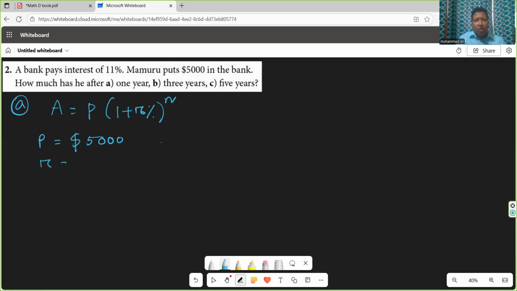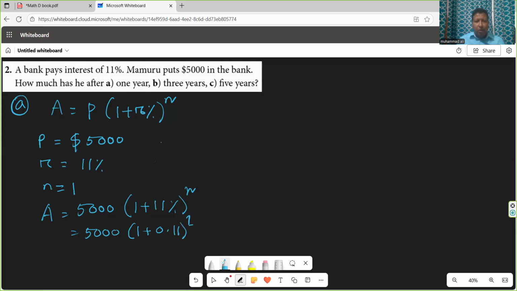Rate of interest per year is 11%. And for A, N equals 1 year. So we'll get amount equals 5,000 (1 + 11%) to the power N. So it will be 5,000 (1 + 0.11) to the power N. N is here 1.